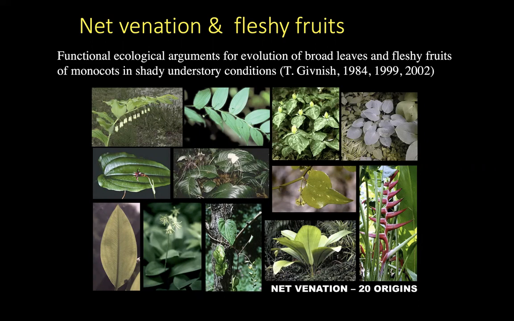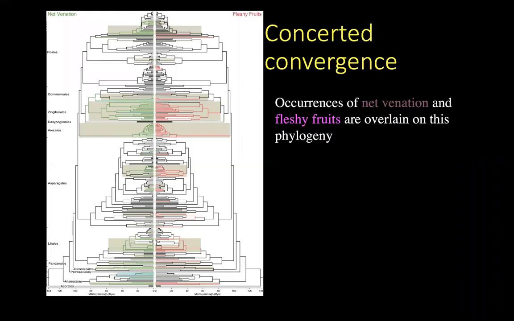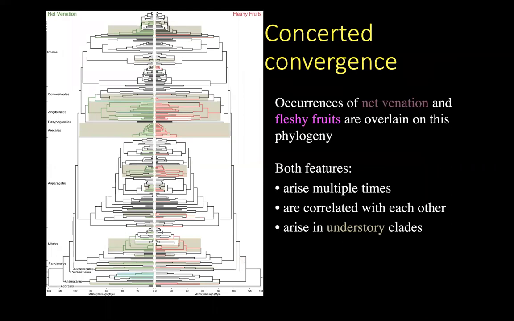So here is a phylogeny of the monocots written twice, face to face. On the left, highlighted in the boxes, are all of the origins of net venation. And on the right are all of the origins of fleshy fruits. And you can hopefully see that they always go together.